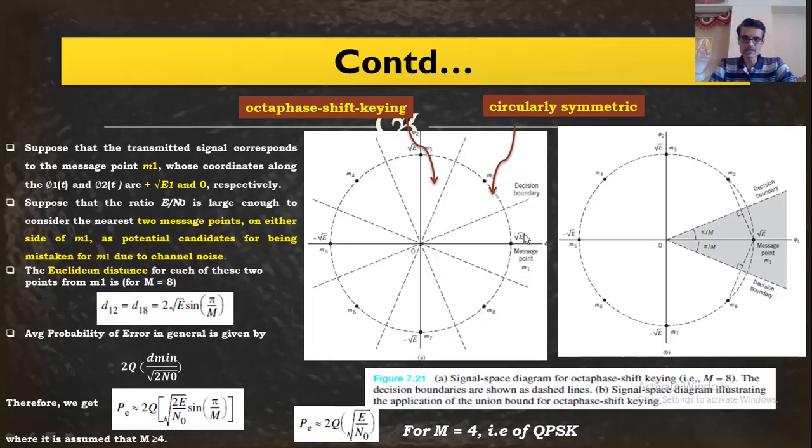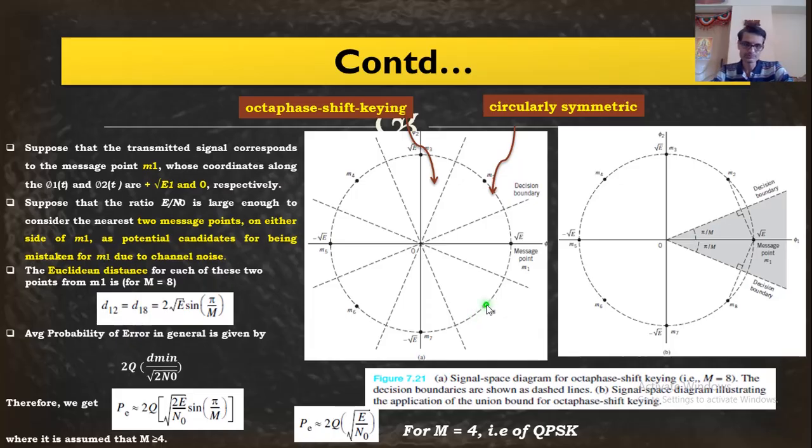Right? Now consider the special case m1, where this is φ1 of t and this is φ2 of t, the x-axis and y-axis. So it is a two-dimensional signal space diagram, and the coordinates of this particular message point m1 are root of E and 0. It is falling on this line itself, right? And the two message points very near to this m1 are m2 and m8.